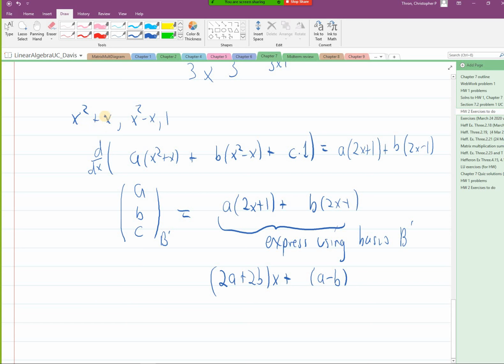But here, notice that if I take x squared plus x minus x squared minus x, that is equal to what? It's equal to 2x.